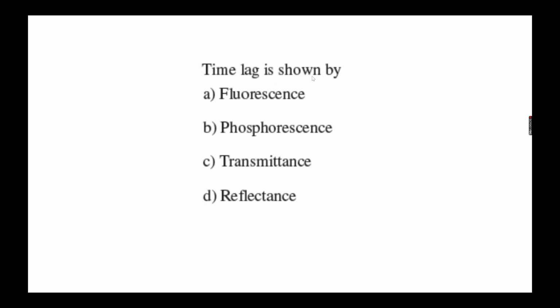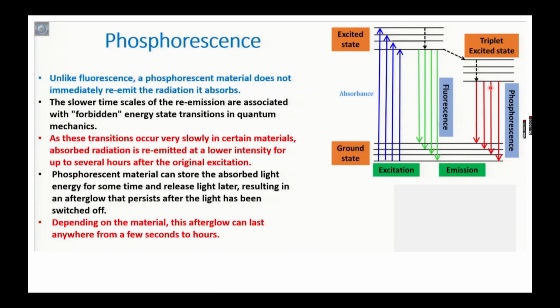Again, the time lag is shown by which: fluorescence, phosphorescence, transmittance, or reflectance? This is very simple, and we know it from many courses. When we give some illumination or light, in fluorescence the electron goes to the excited state and immediately comes back to the ground state, so it does not take any time.